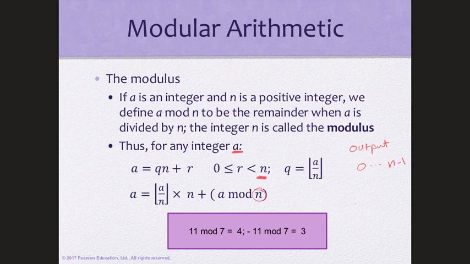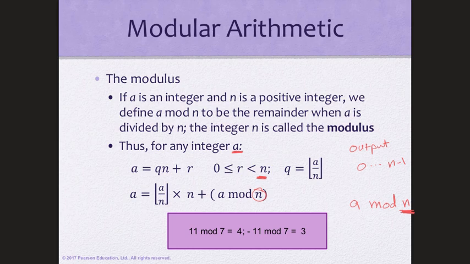We call this a mod n. n is the modulus, the number that defines the limitations of our domain. The results are limited to be from 0 to n minus 1, okay? So n minus 1 is just the modulus minus 1.